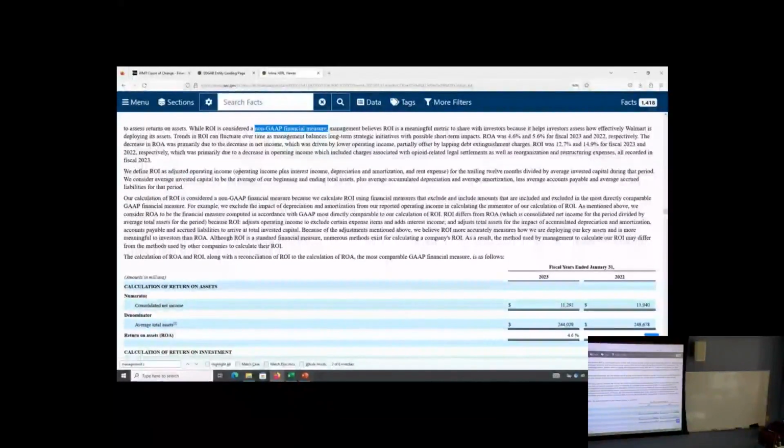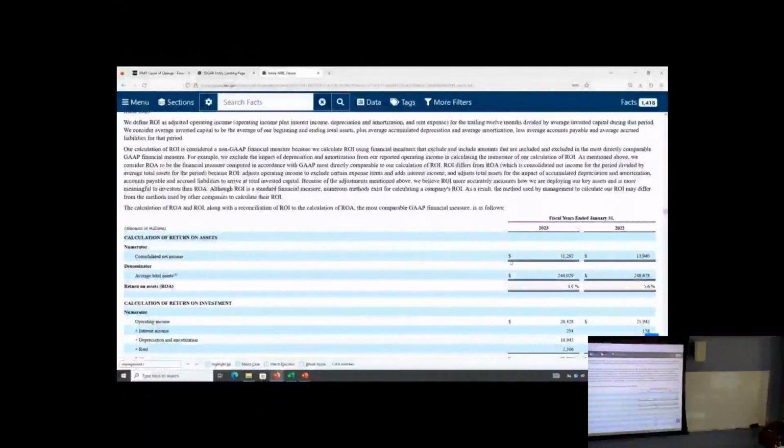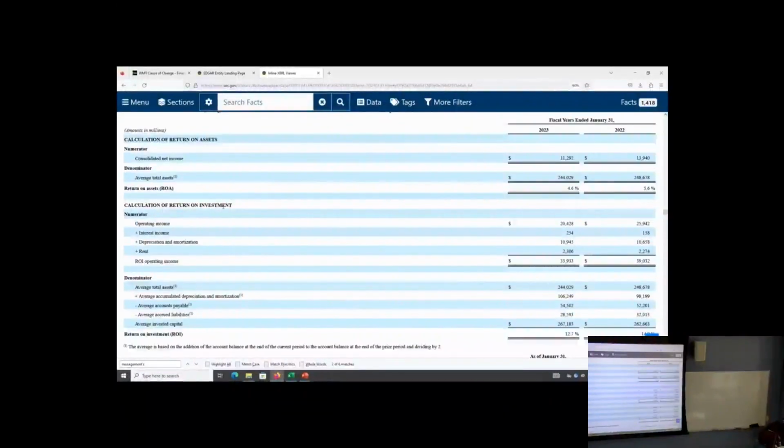Basically, they're changing their measure of operating income: operating income plus depreciation, amortization, and rent expense. To a degree, this is an operating cash flow measure. And rather than netting out CapEx and getting their next version of free cash flow, they're just netting out the rent expense the company is facing. That's going to be their measure of operating income, and then they divide that by total assets and investments that the company has made.